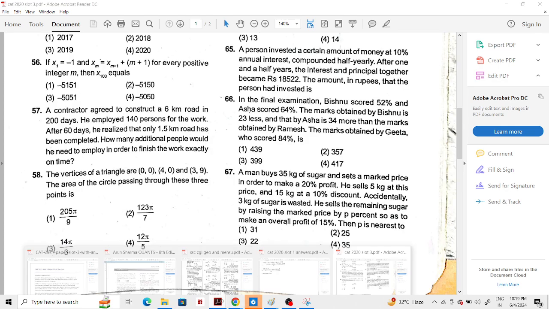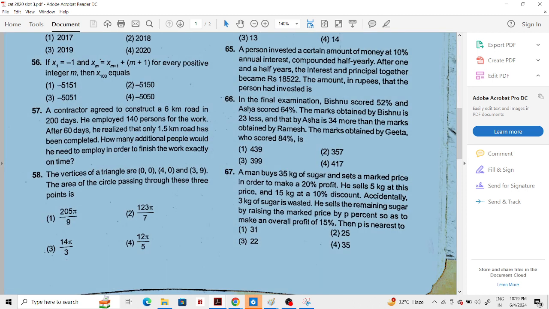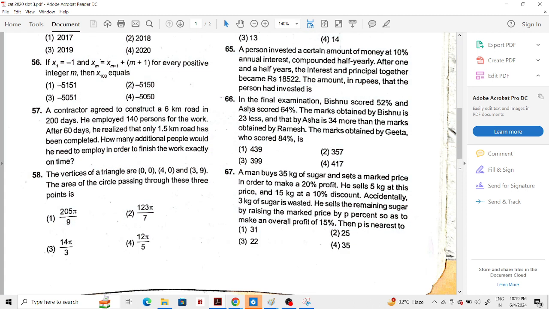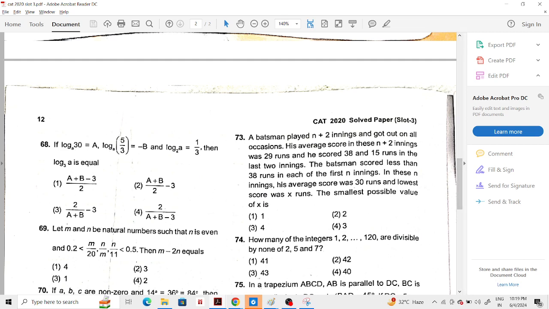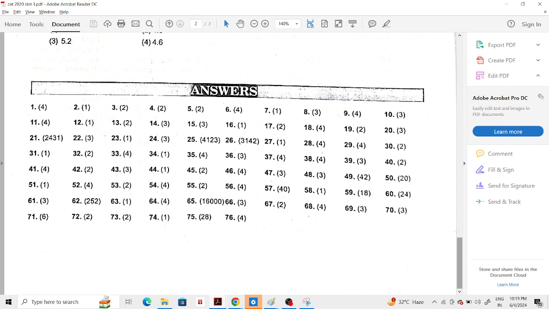So 399. Okay, wait. This one, 399. Okay. Option 3 is the right answer, I think. That's correct.